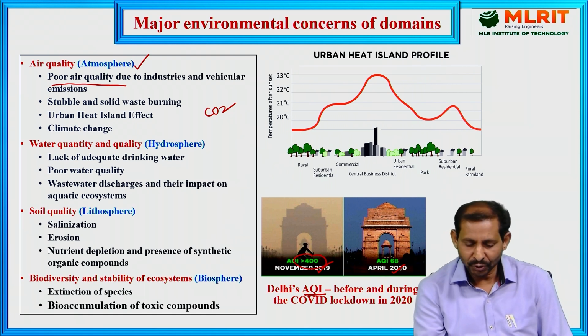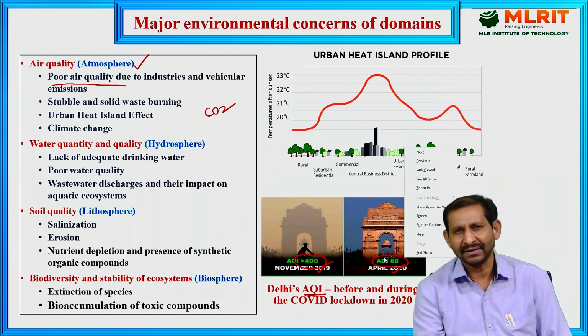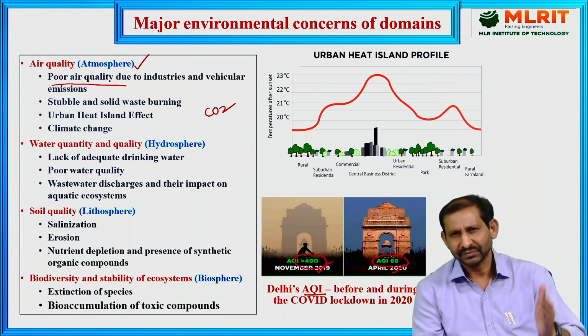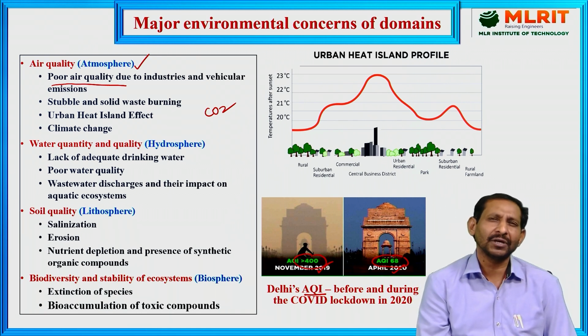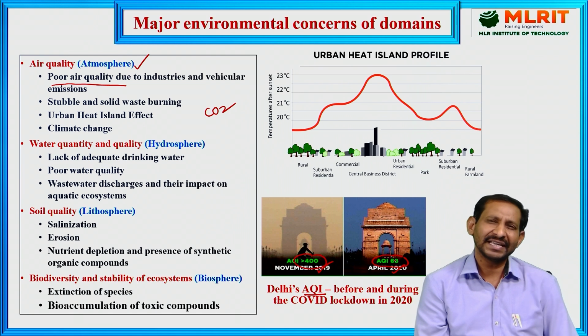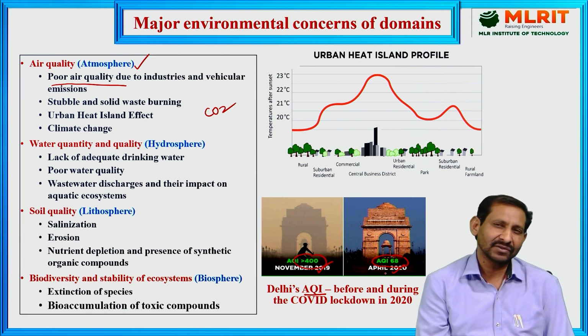During the COVID lockdown the air quality index was 68, because industries were shut down, vehicles stopped and nobody came out due to the corona. So air quality drastically improved and there was no pollution in the air. Based on that, the air quality index is analyzed.